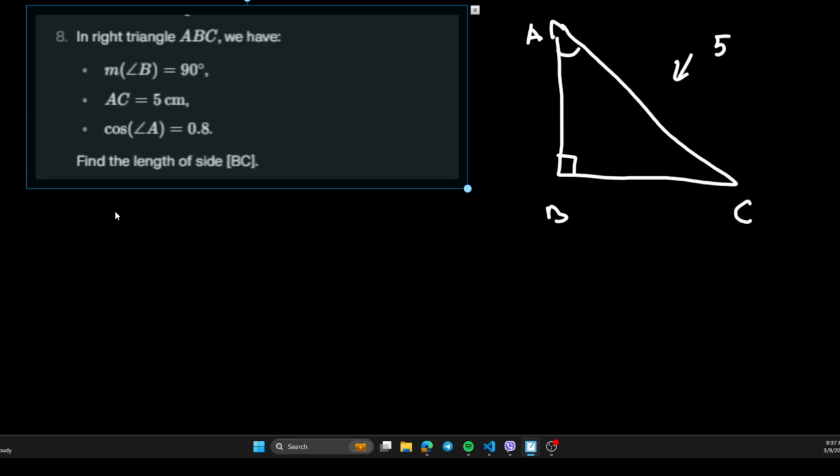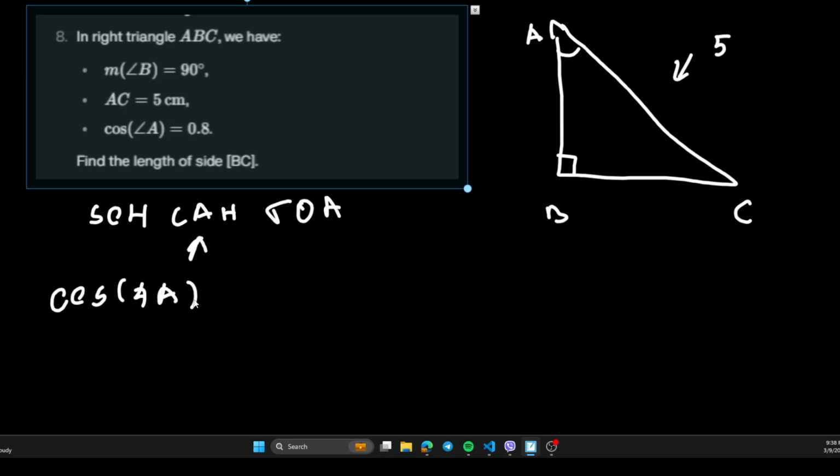Now, what does cosine mean? Cosine of angle A is going to be adjacent over hypotenuse. Adjacent AB over hypotenuse. What's the hypotenuse? 5. AC, right? AB over AC. Now you know the cosine of angle A is 0.8, which means that AB over AC is 0.8.